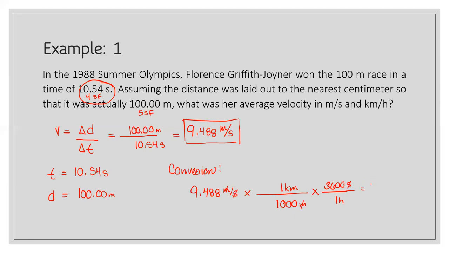And you'll get that she ran 34.13 kilometers per hour. If you're not sure how to do that conversion, let me know, but we're just using 2 conversion factors and we're simply using our units to decide whether we multiply by them or divide by them.